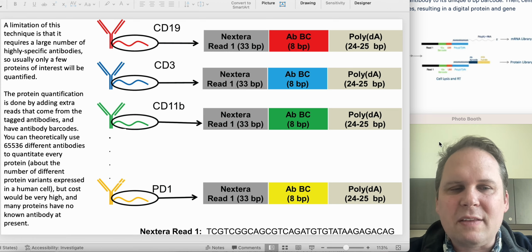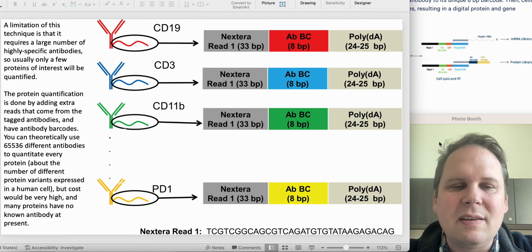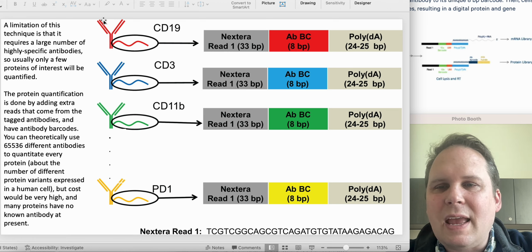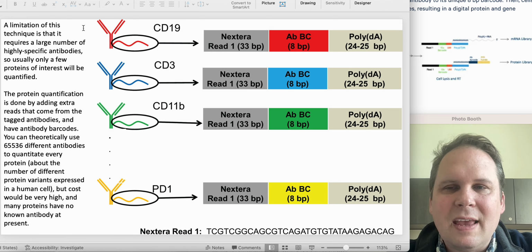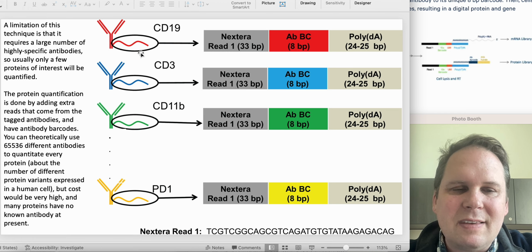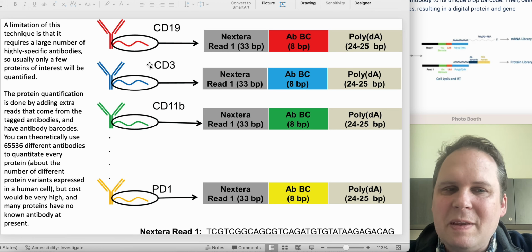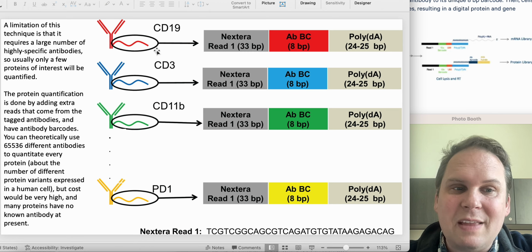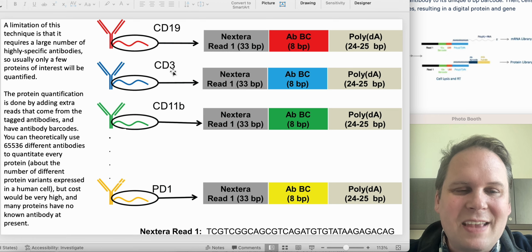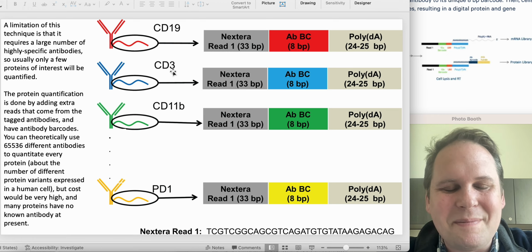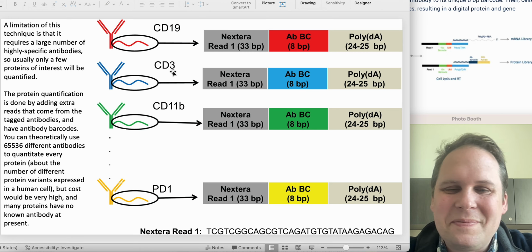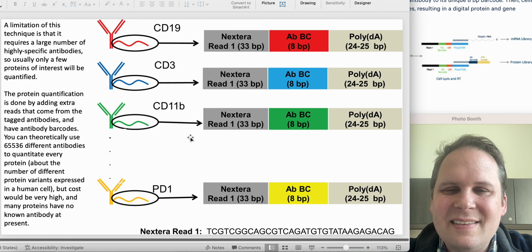So yeah, we're not directly sequencing protein, we're not directly counting protein, we are indirectly counting protein by using an antibody that binds to the protein, and every time that antibody binds, it ends up stuck to the cell, which means it's going to get next to the bead, which means that this little piece of DNA that we attach to the antibody is going to get to attach to the bead, and it's going to get copied by the reverse transcriptase on the bead. So there you go. That's the idea.